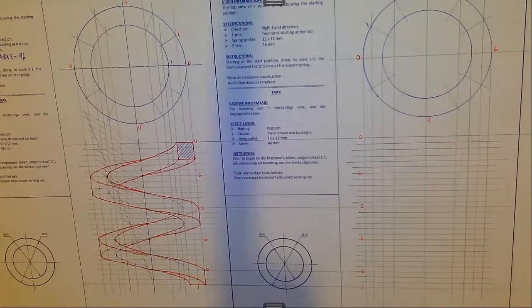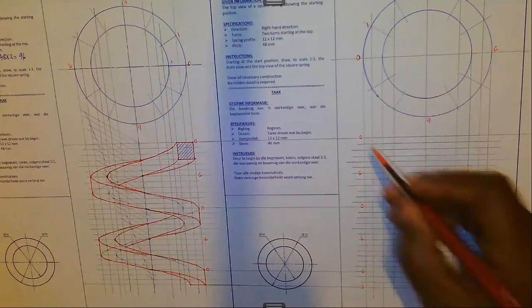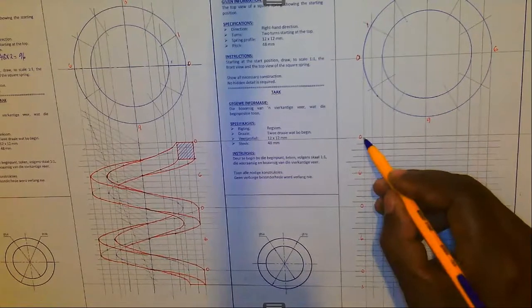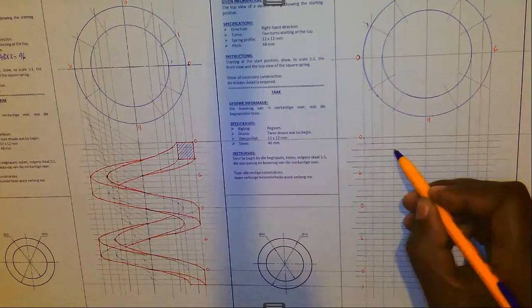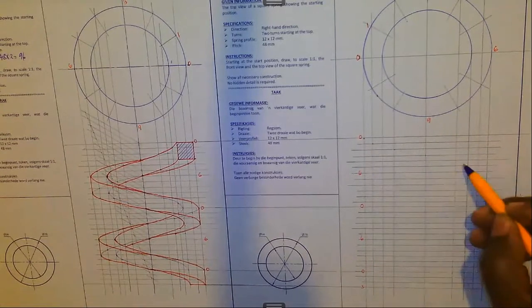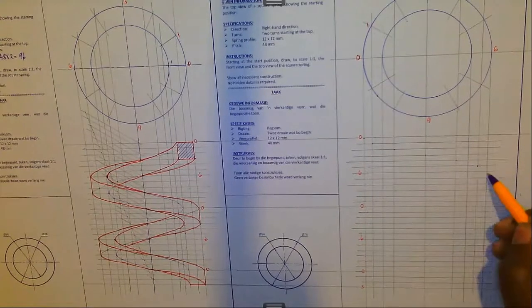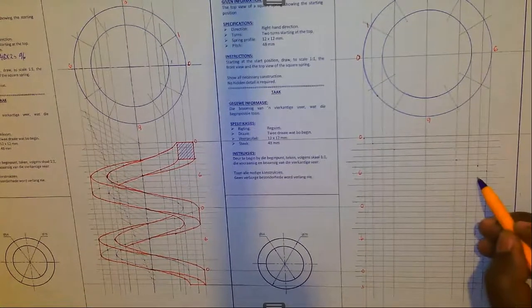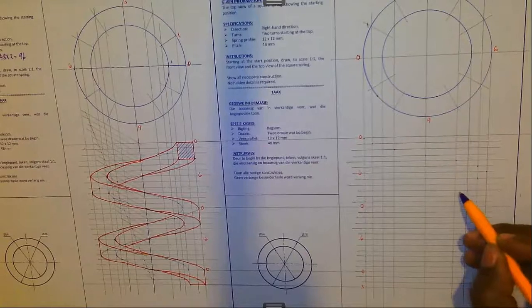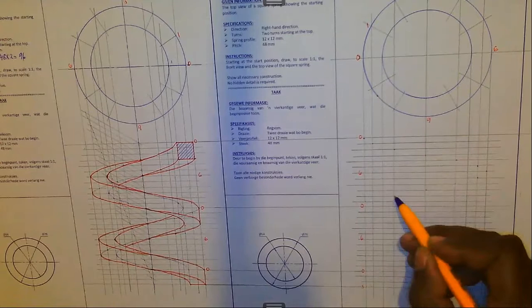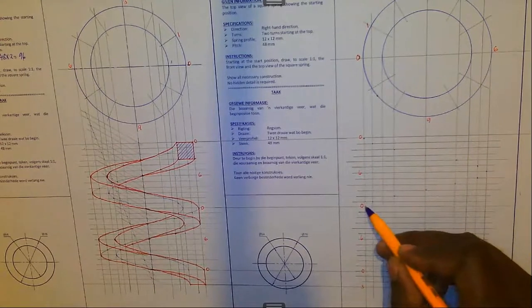Right, it's starting at the top, so this would be my point. That would be my point 0. Right, then 1, 2, 3, 4, 5, and 6, 7, 8, 9, 10, 11, and 12.